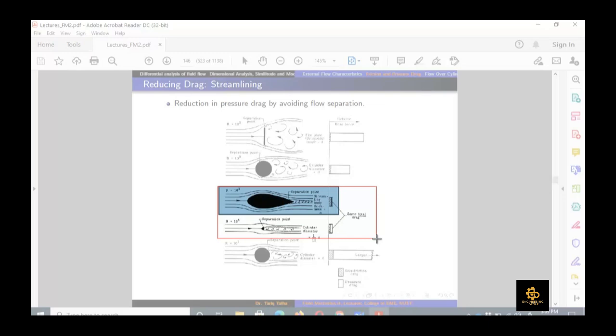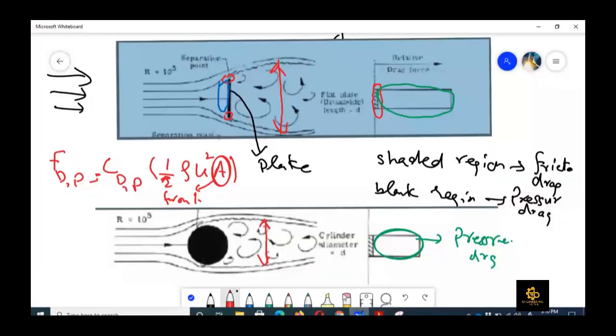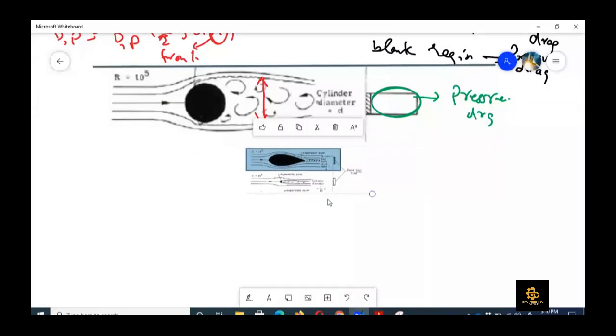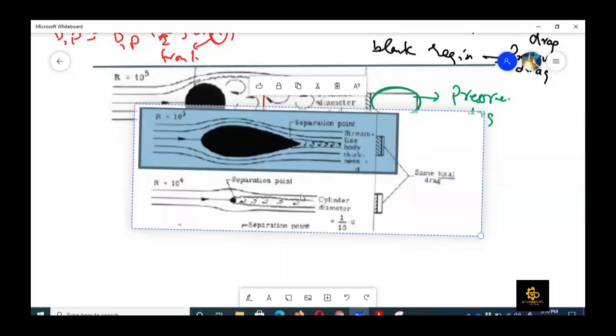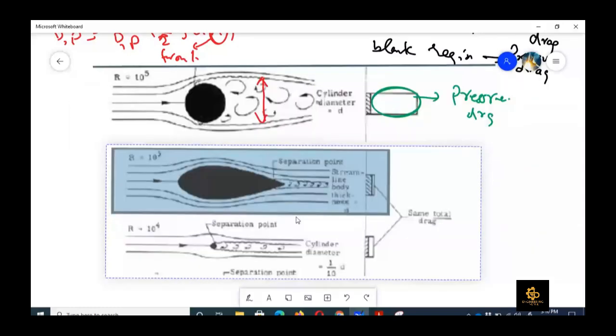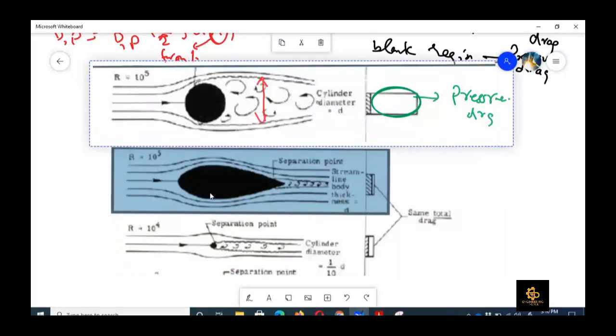One is here. Okay, so now the above figure, which is shaded here, is the flow over a streamlined kind of body, which is an aerofoil in this case.